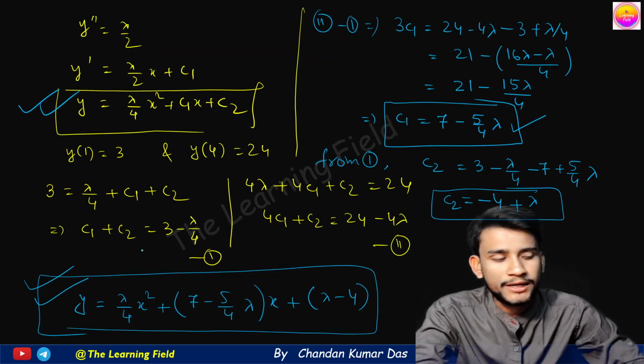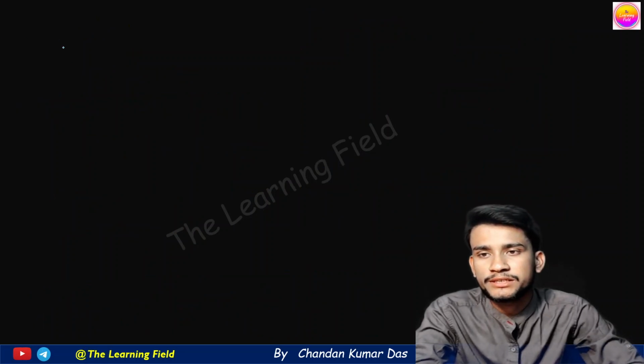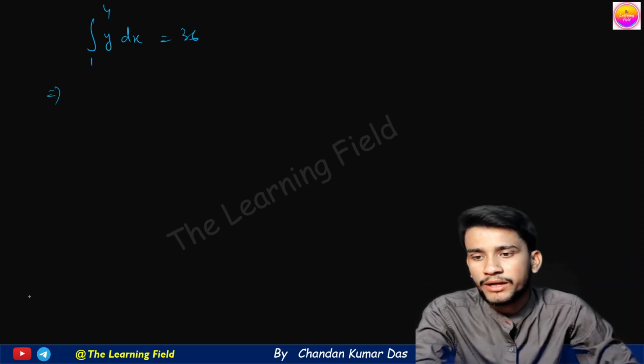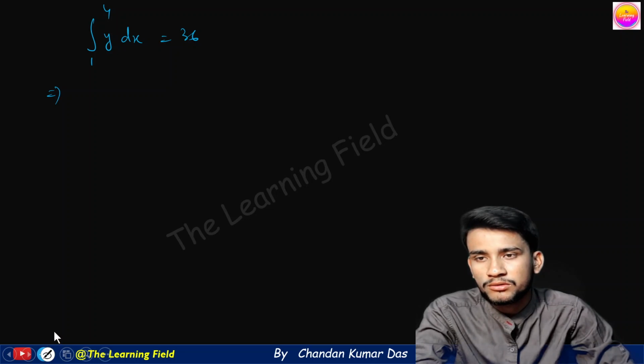Now simply we apply integration of y dx from 1 to 4 equal to 36, and here we put the value of y in terms of lambda.